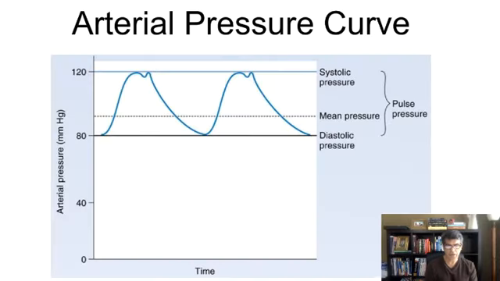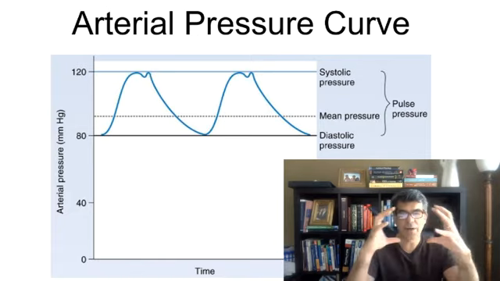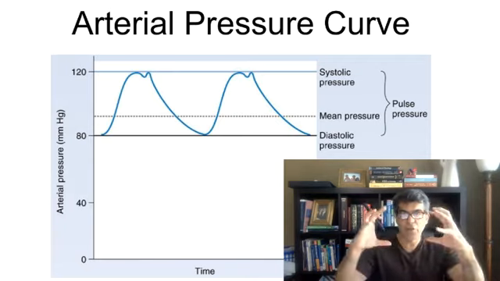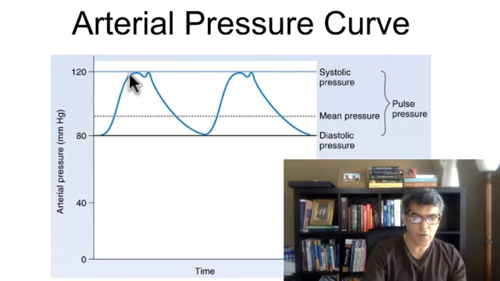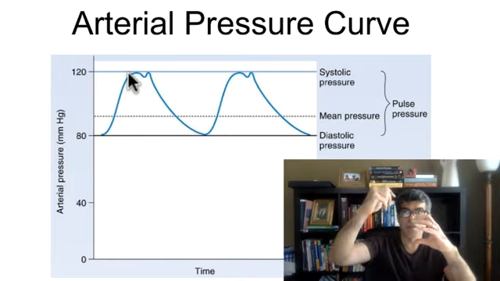The pressure inside the artery follows the cardiac cycle. Remember, the cardiac cycle is composed of contraction and then relaxation. Your arterial pressure follows the same pattern. So when the ventricle goes to contraction and pushes the blood inside the aorta, the blood pressure is going to go up. Then when the ventricle starts relaxing, now blood wants to come back.